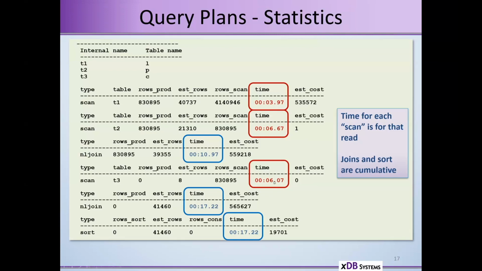And then we add on another 6 seconds for our third table. And so our join at this point is our cumulative time at this point in processing the query. So it took 17 seconds to get to this point. And then at the end, following the sort, our 17 seconds here is pretty much the time taken to execute the whole query. So these times are really useful because they show us where our time was spent.